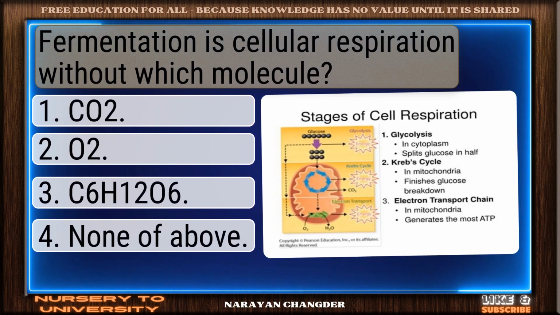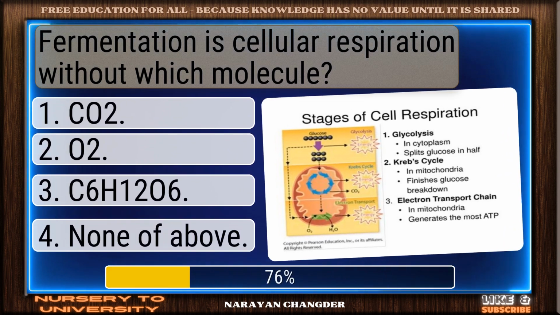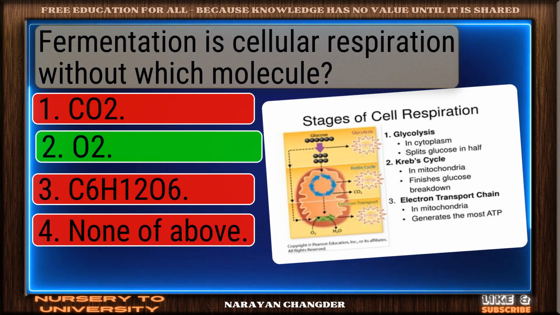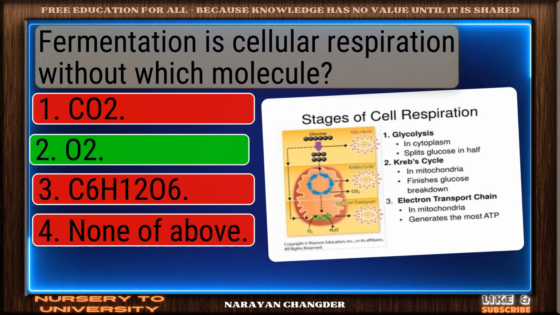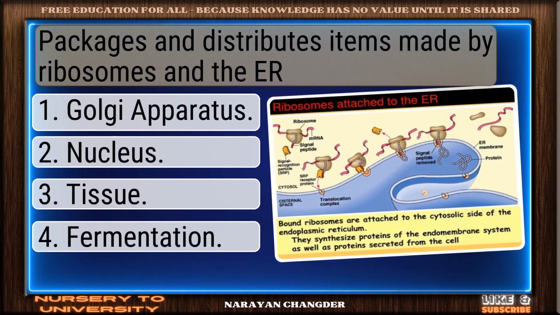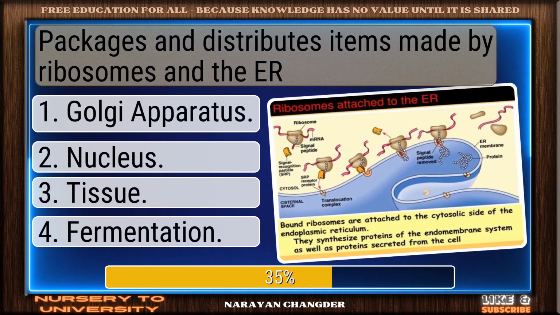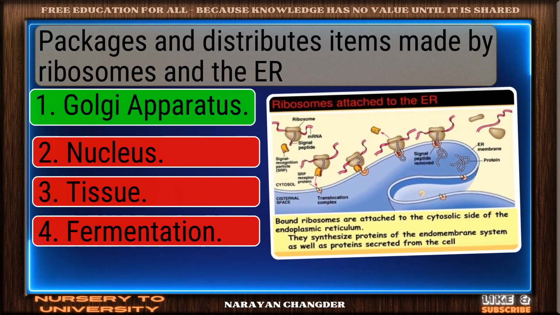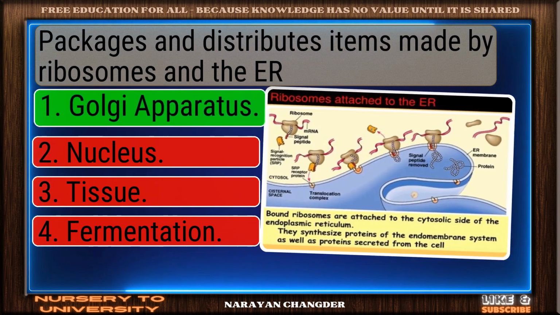Fermentation is cellular respiration without which molecule? Exactly. O2 makes sense, and it is the right choice. Packages and distributes items made by ribosomes and the ER. Excellent choice. Golgi apparatus is the right answer.